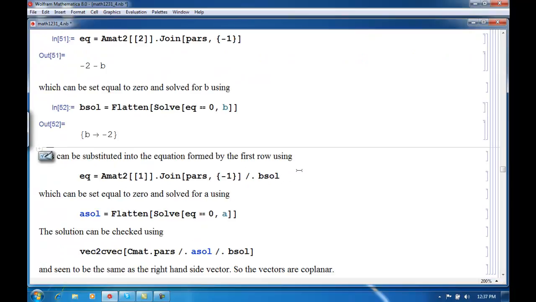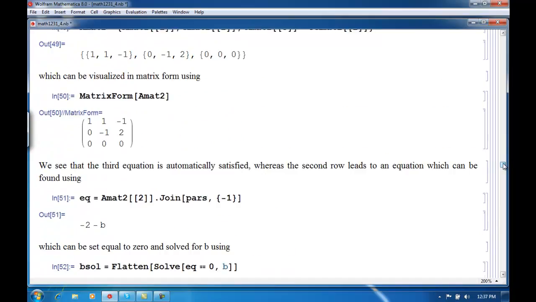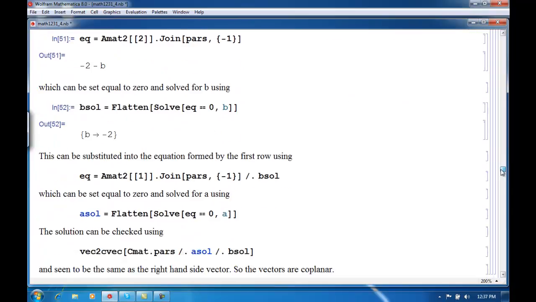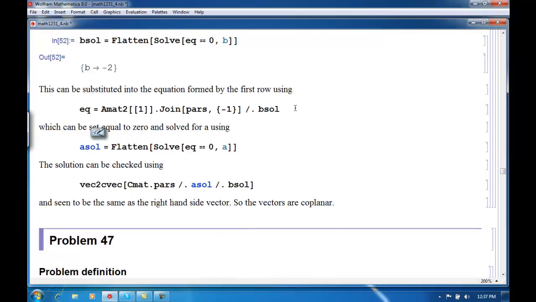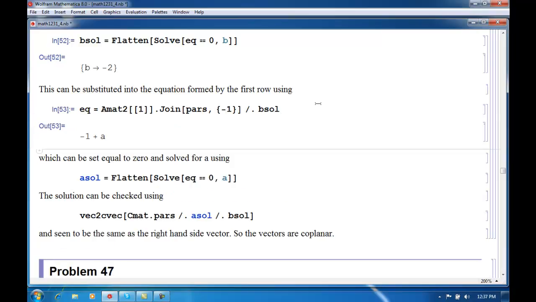And then we take the equation presented by the first row. We can generate that equation using this, and we can simplify that by using the value of b, and that will give me an equation for a, which has the obvious solution a equals 1.